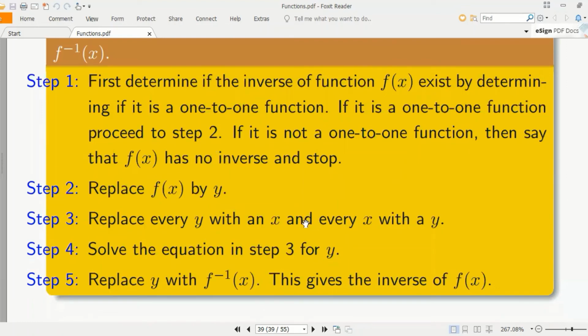You make y the subject of the formula. Then you come to step 5, where there is a y, just write f inverse of x, and you would have found the inverse of f. So these are the steps. Let me just show you how to follow these steps in an example.